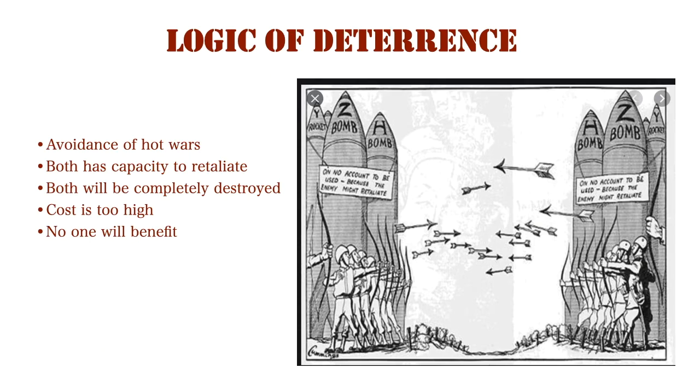Why? This was because of the logic of deterrence. Now, what is the logic of deterrence? The logic of deterrence is an ideology developed by the superpowers which deters, or stops. Deter means stop, right?